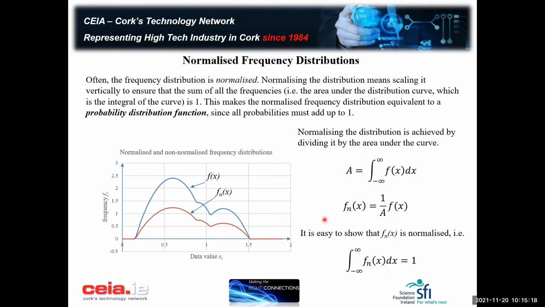The reason you would do this is that the sum of all of these values is 1, and that corresponds to probability, because the sum of all probabilities should always add up to 1. When you've normalized the frequency distribution function, you end up with a probability distribution function. So you've now got a curve that represents the probability of any particular data value, any particular x value.